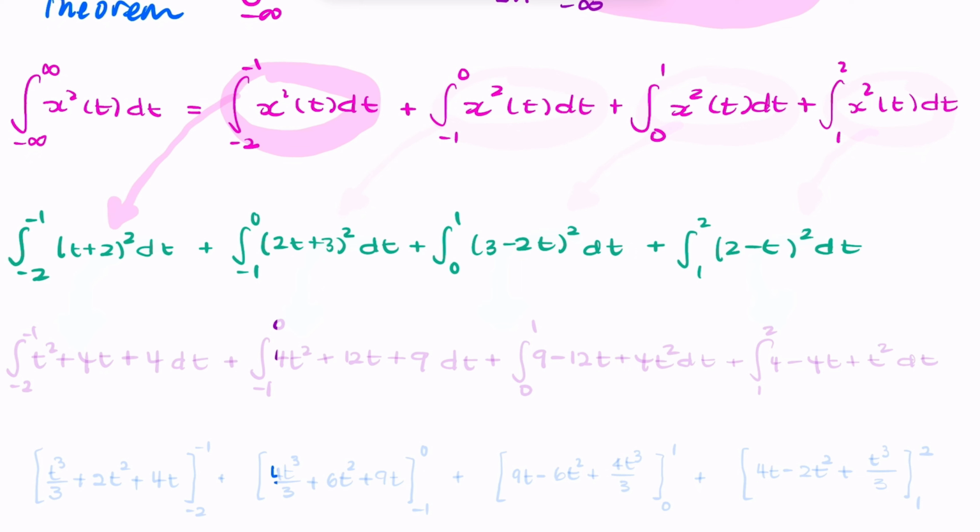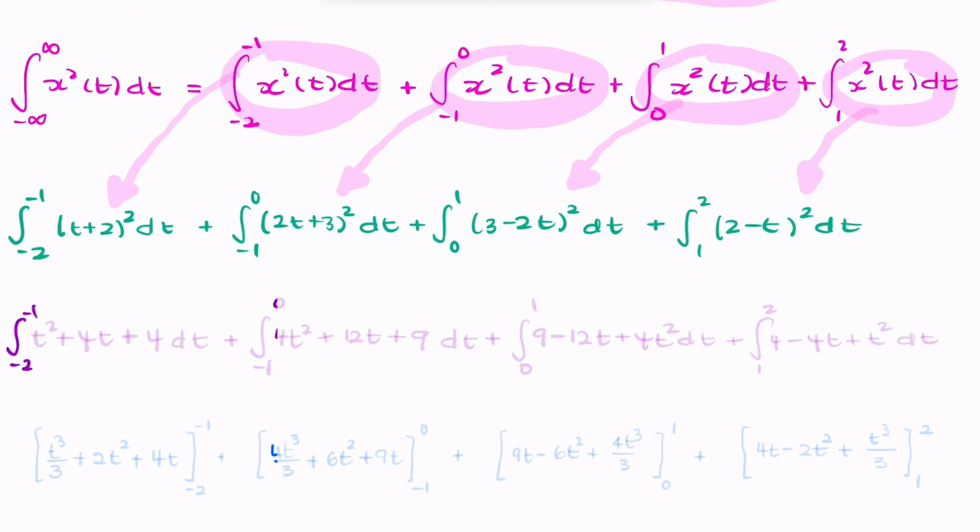So that's each of these separate segments integrated. And each of these is a direct polynomial integration, so that should be really easy to calculate. So I'll do that.